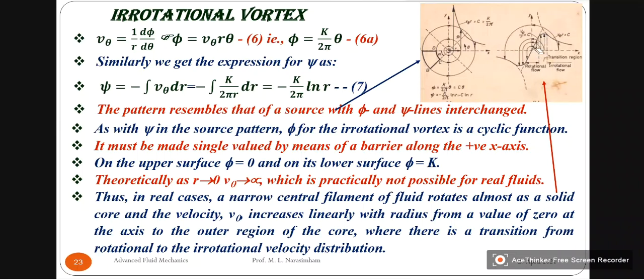It is a straight line. V theta is equal to C times R. So, V theta is equal to CR is a linear velocity distribution. V theta is equal to C by R is a decreasing velocity distribution. So, this is how the velocity will be varying.